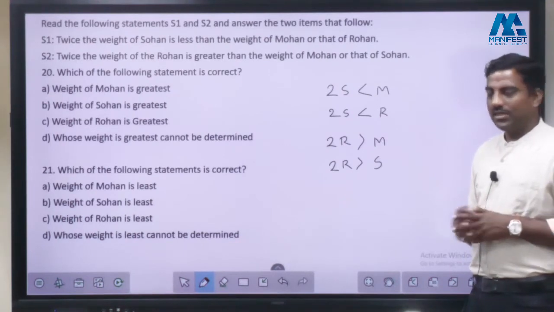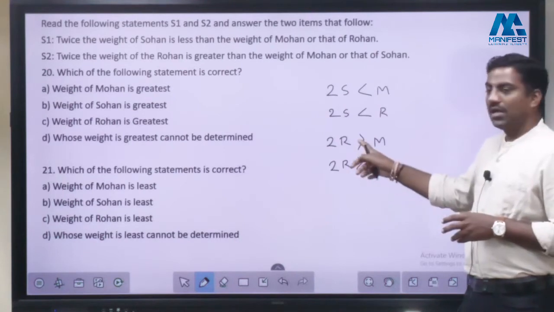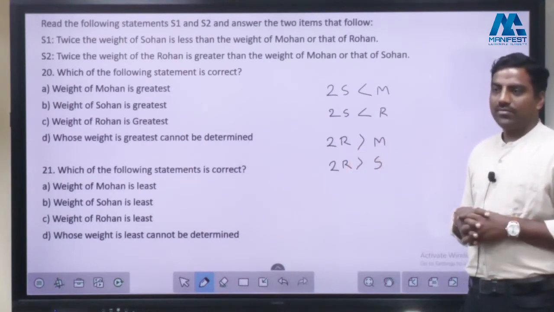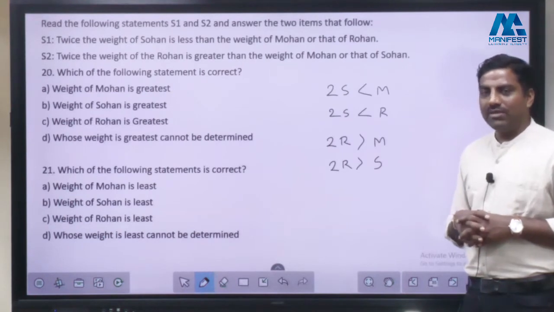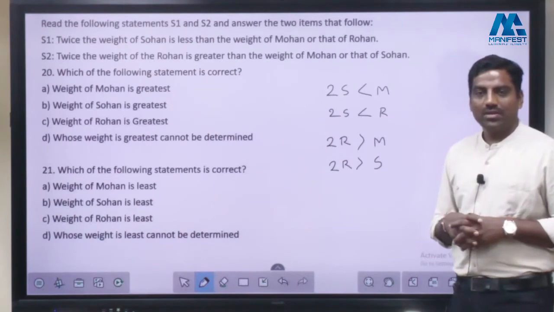In this case, when R is 10 and M is 11, Mohan is highest. Correct? I'll give another example. R is 11 and M is 10. Then also it holds good, right? 2 11s are 22. 22 is more than 10, yes?